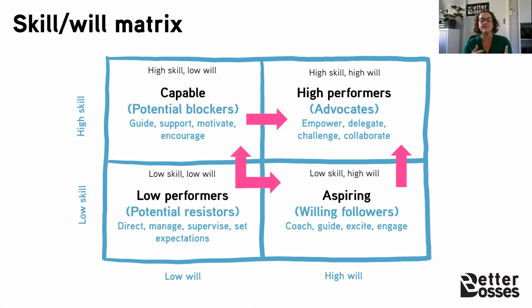Work out where they sit and then adjust how you work with them on a day-to-day basis to really develop them into the highest performer you possibly can. Now, of course, it's their job at the end of the day to become a high performer. But as a leader and as their boss, it's your job to help them do that and to guide them to become the best that they can be.